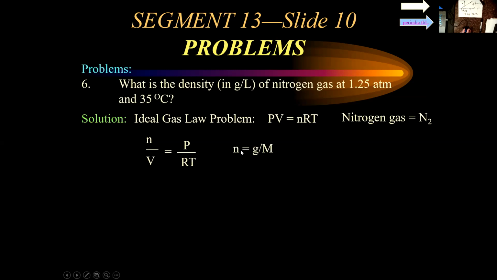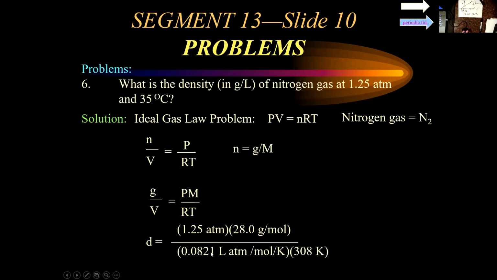The number of moles is g over M. So again, g over V is equal to P times M over RT. All right, so for the density, I can just plug the numbers in: 1.25, 28, 0.0821, and 308 Kelvin, which is 273 plus 35. And when we plug in, we get 1.38 grams per liter.